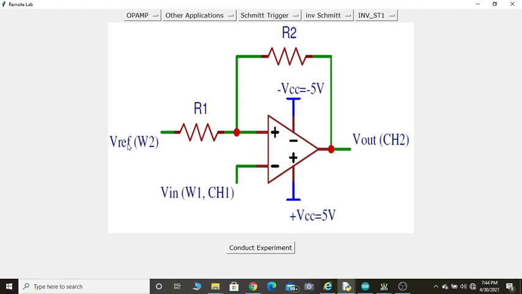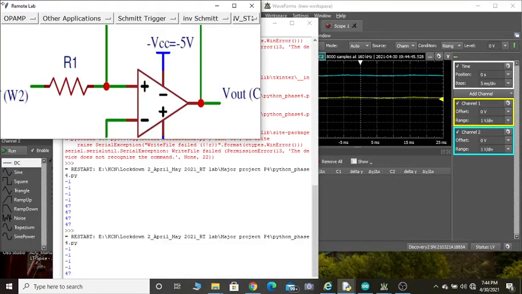This will be a DC voltage. Here this will be a sine wave. Let me go for conduction of this particular experiment, and we'll observe the waveforms on the analog discovery.